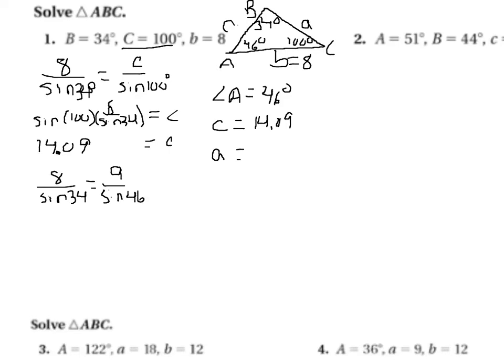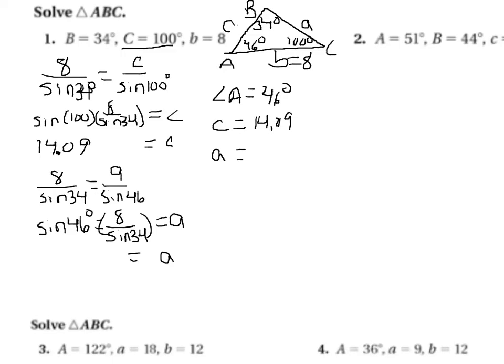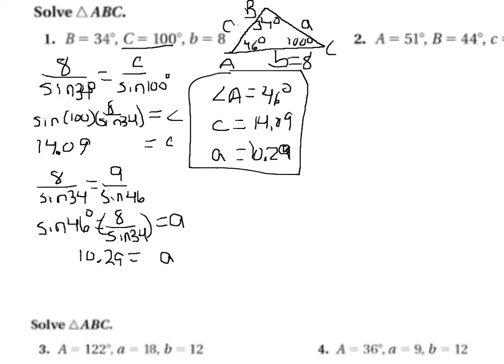Multiply by the sine of 46. You get A equals 10.29. So we have finished filling in the triangle.